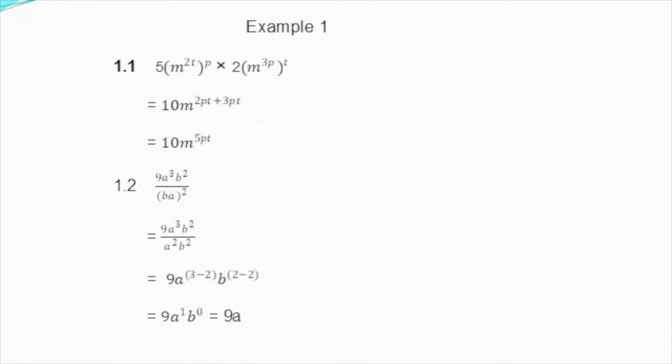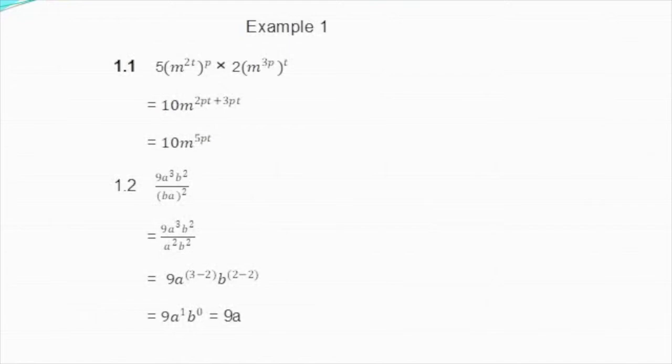So we are going to use the exponent p to multiply the exponent in the bracket. So p times 2t will give us 2pt, and the exponent t is going to multiply the exponent of m, which is 3p. So we are going to have 3pt.